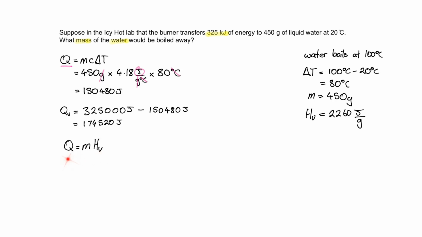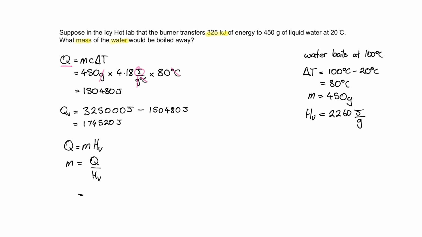Now, our equation here is not written as M, so if we rearrange this, it gives M is equal to Q divided by HV. And now we know our values for Q and our HV.